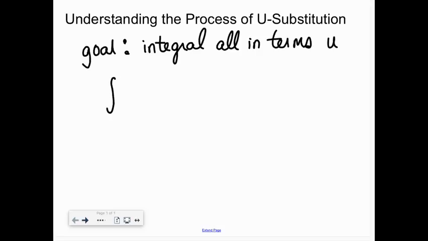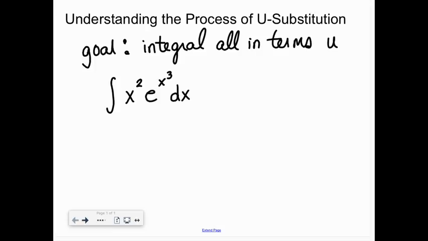Okay, so for instance, let's say that you have x squared e to the x cubed dx. So you may see what the antiderivative is. Great, move on. Just put down the antiderivative and you're done.